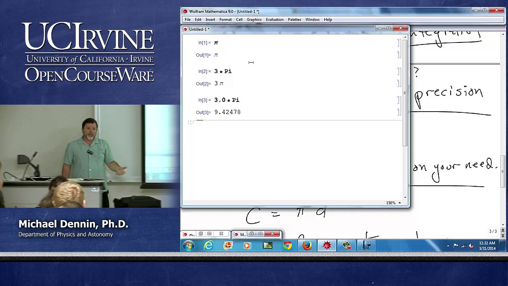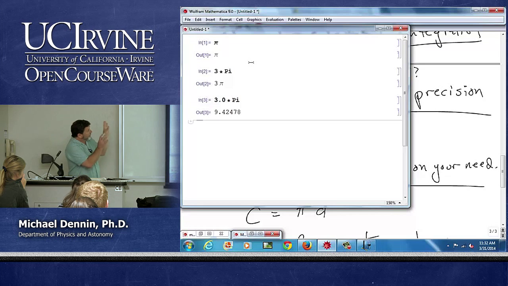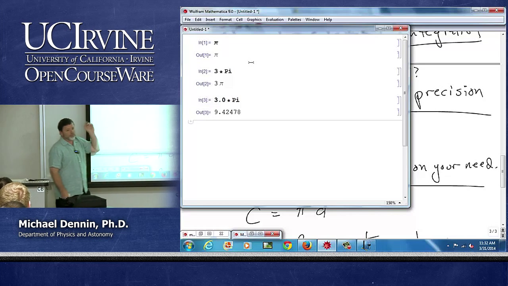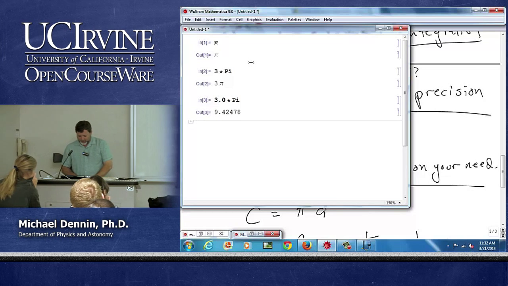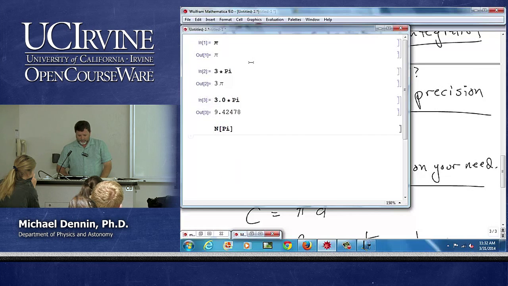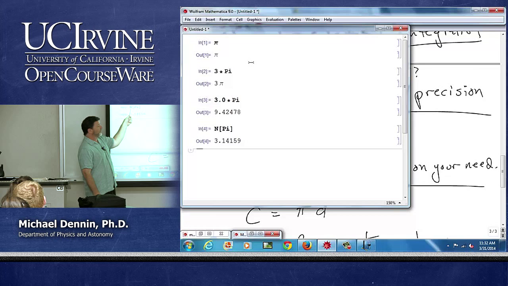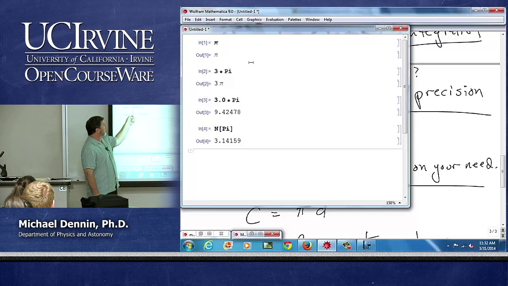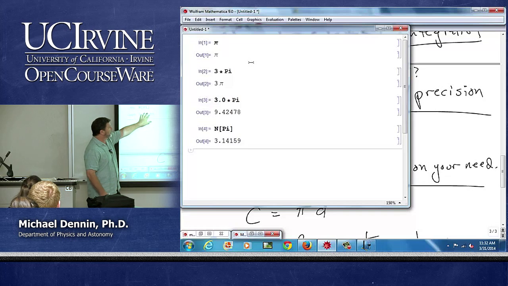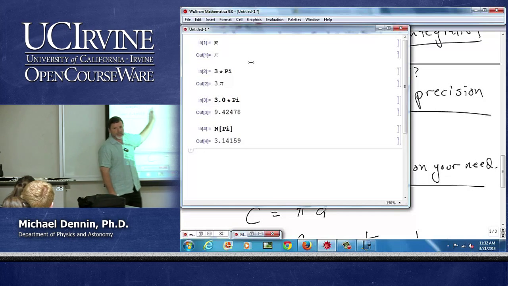And if you've done a whole bunch of stuff and you haven't put any decimals in and it gives you something like 3 pi, but you want a numerical approximation, the command you use is N. Functions in Mathematica work on brackets, and they always start with a capital letter. So N gives me the numerical value of pi. You can change the resolution on this and get more or fewer digits.